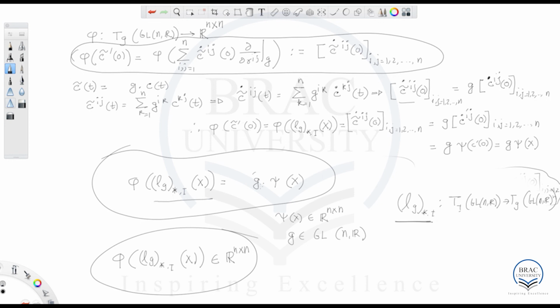It's actually given by left multiplication by g. All right, this is what I wanted to do in this third segment.